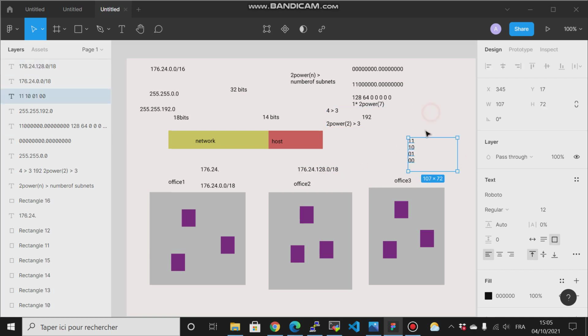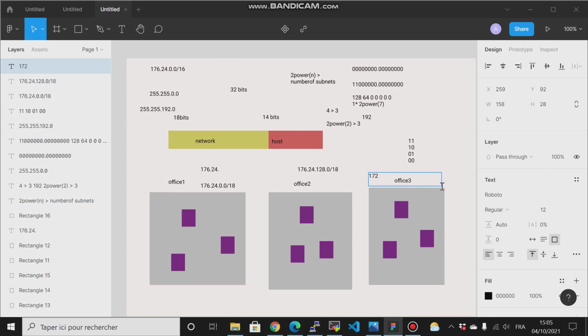And the other possibility here is to have 0 here and 1 here, and then if we do 1 multiplied by 2 power 6, it will be 64, and then we will have a subnet that is 176.24.64.0, then 18 for the number of bits for the network portion. I hope that is clear for you now.